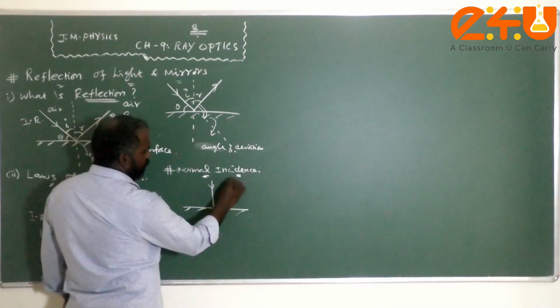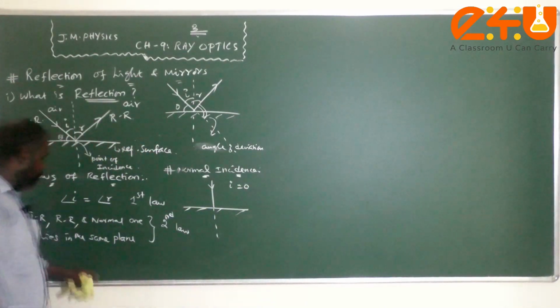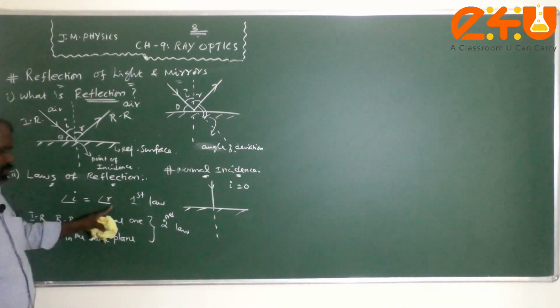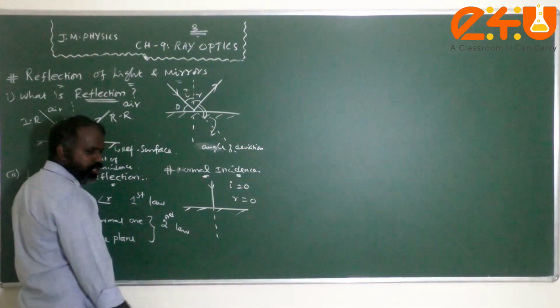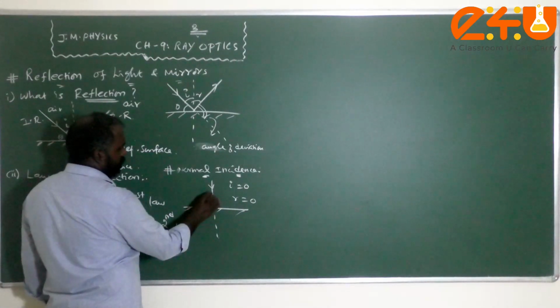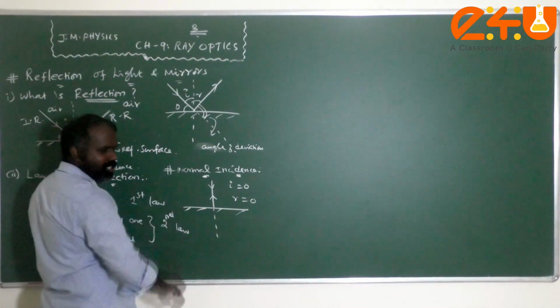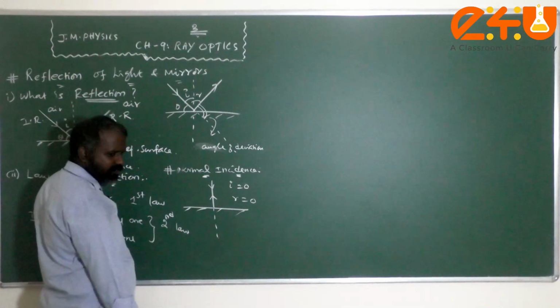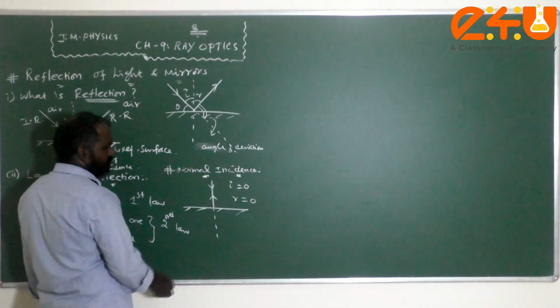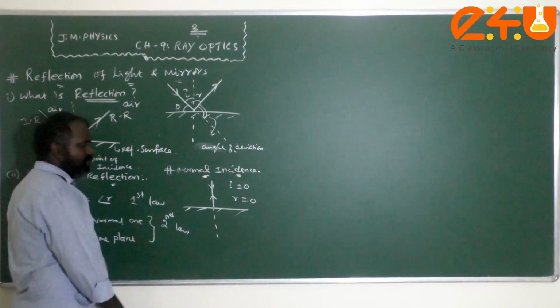Therefore the angle of incidence equals 0. By the law of reflection, angle of incidence equals angle of reflection, therefore angle r is also 0. But the direction of the light is reversed, or opposite. That is called retracing.